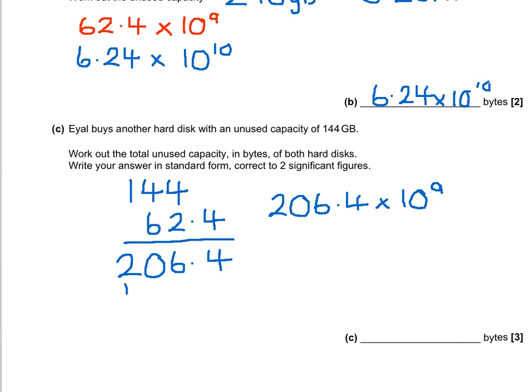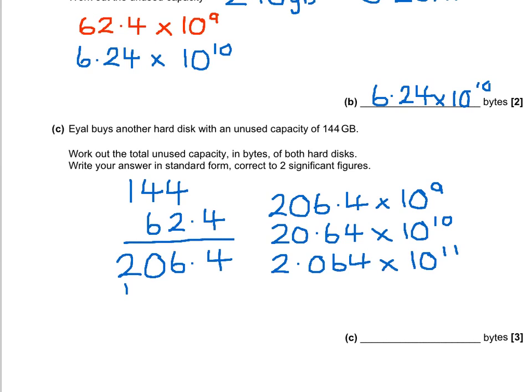So if 206.4 times 10 to the power of 9 is that, then 20.64 times 10 to the power of 10 must be true. And to make it into standard form, it would be 2.064 times 10 to the power of 11.